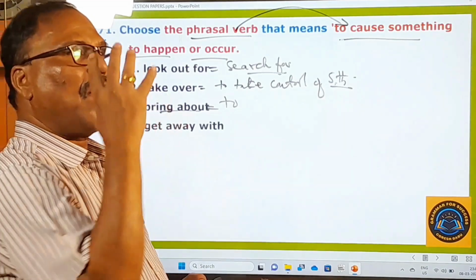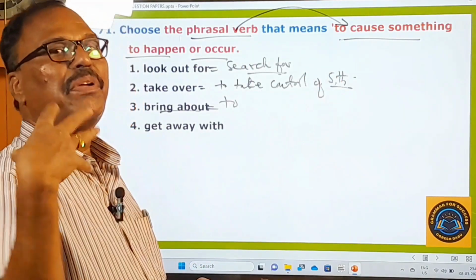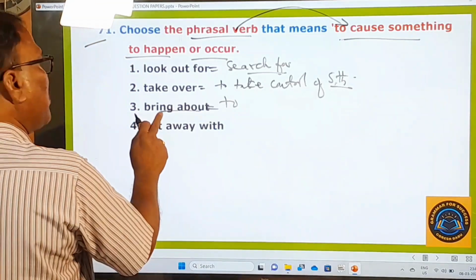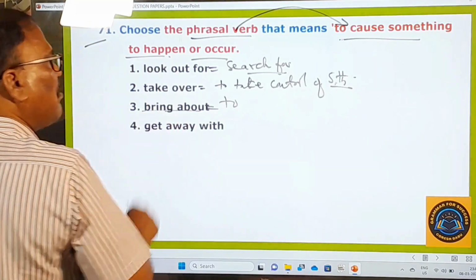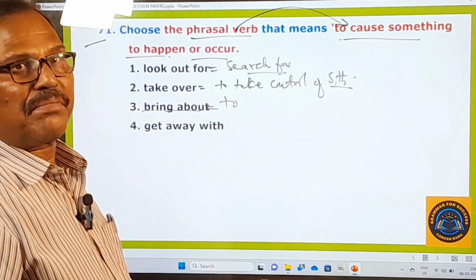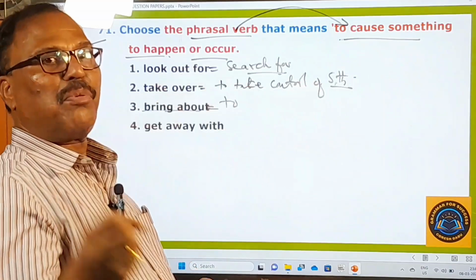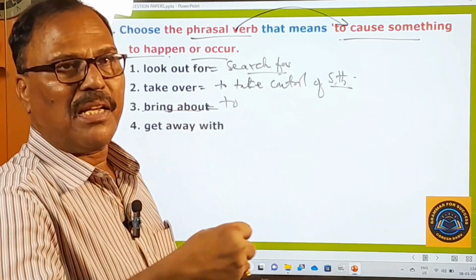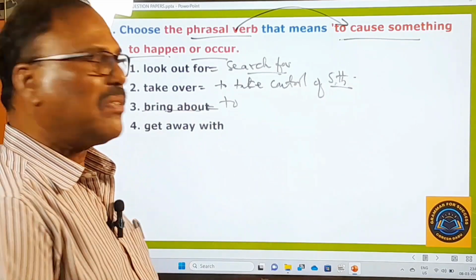The software has brought about so many changes in our life. Bring about means to cause to happen, to stand as a reason for something. The government has brought about some changes in the taxation.